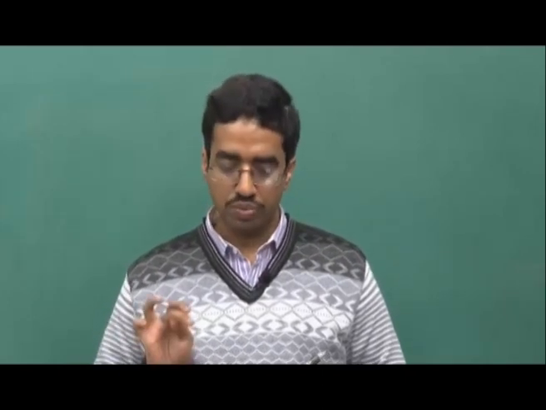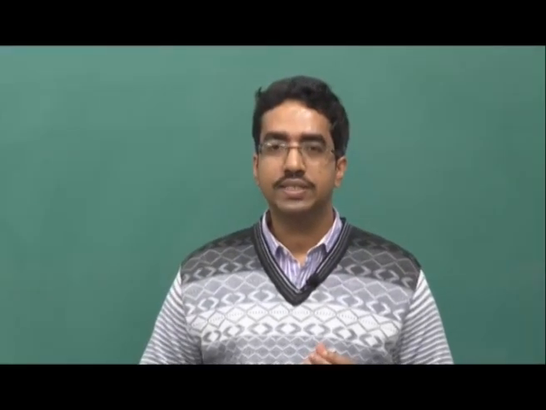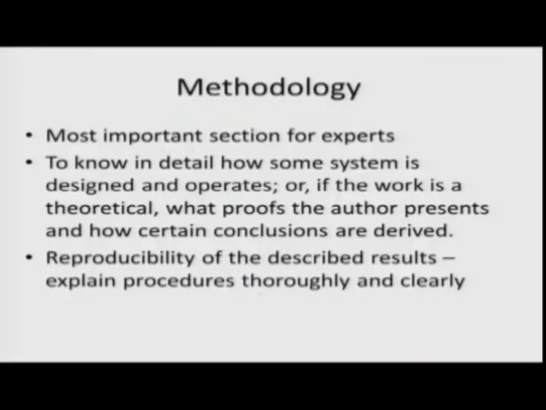So, the author's point is that the previous approaches encourage a lot of rote learning, and they do not seem to recognize that prepositional meaning is to some extent systematic. So, only what is needed to make this point, only those things are mentioned in this review of research. Moving on, the next section is methodology. So, this section is very important for experts.